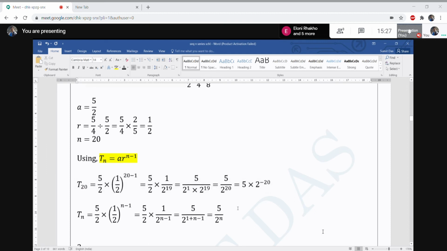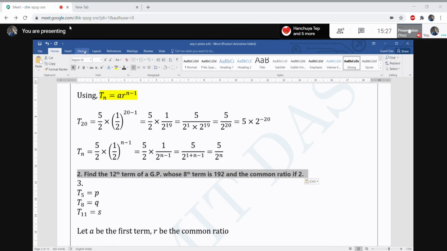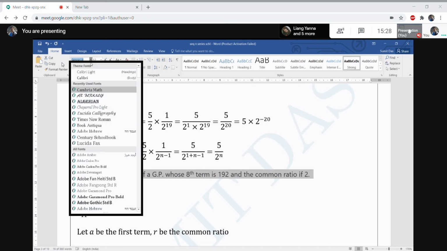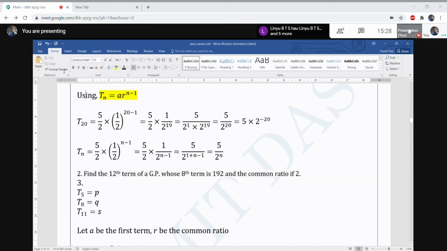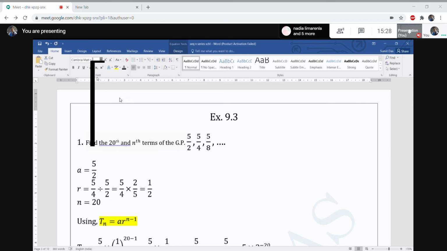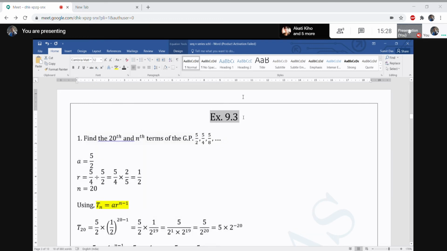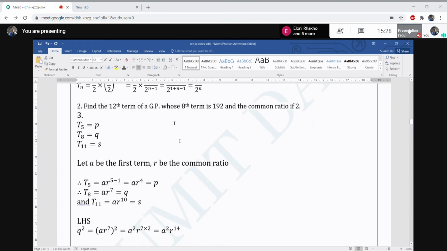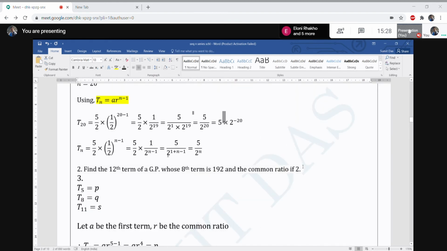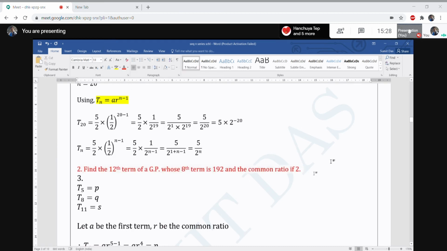Next, number 2. Very easy, this geometric progression is very easy. Let's do question number 2.